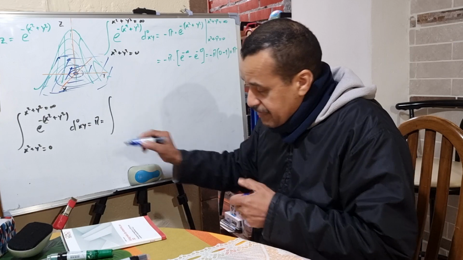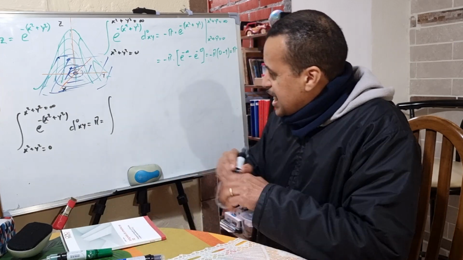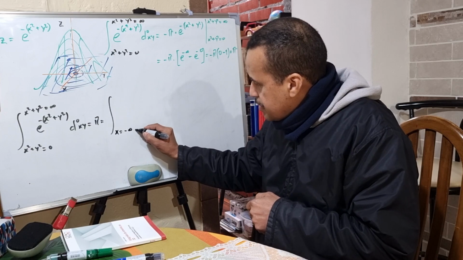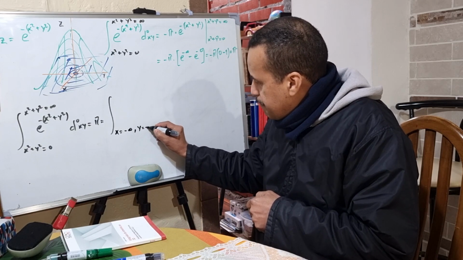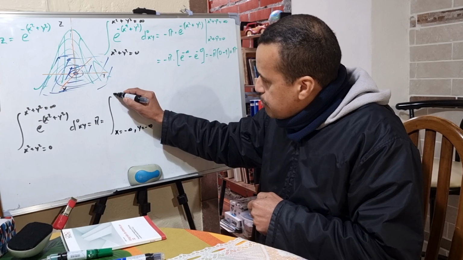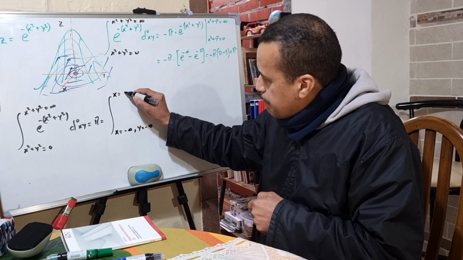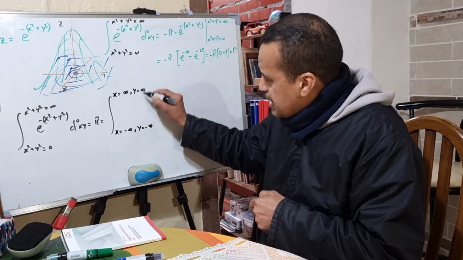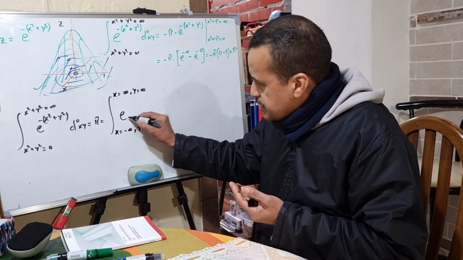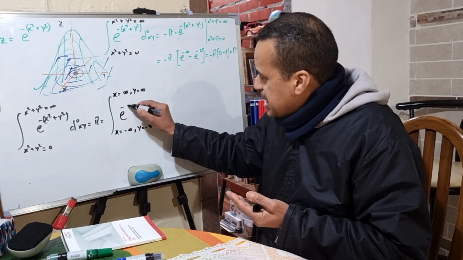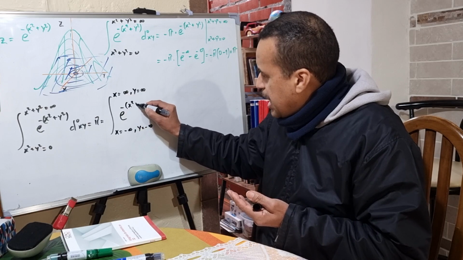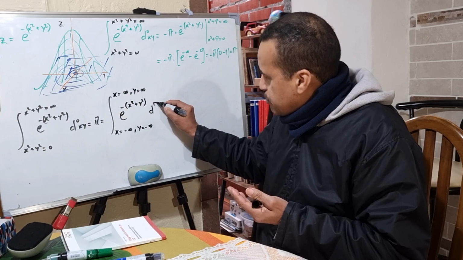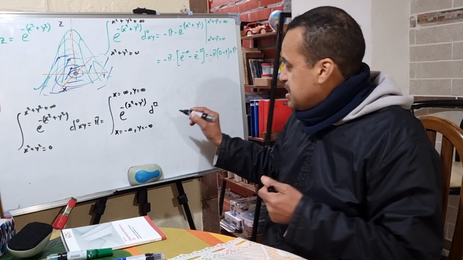So we have from s equal minus infinite and y equal minus infinite to s equal positive infinite and y equal positive infinite of the same function e to minus s squared plus y squared, d square or rectangular expansion.